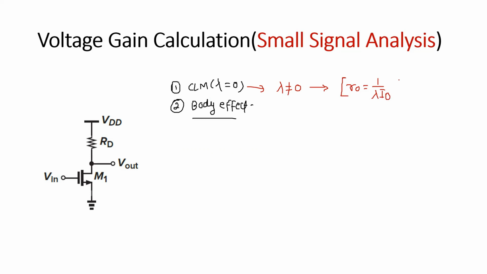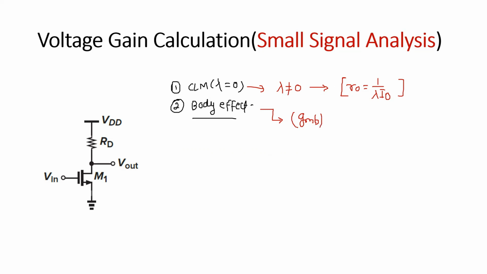So this is your value of R naught, that is the output impedance. The body effect will introduce some kind of transconductance, that is GMB, the body transconductance.